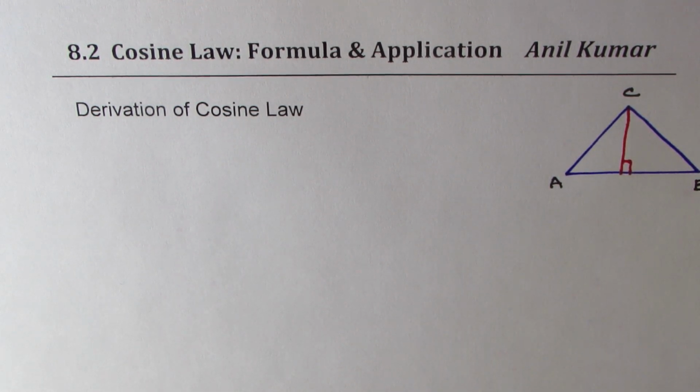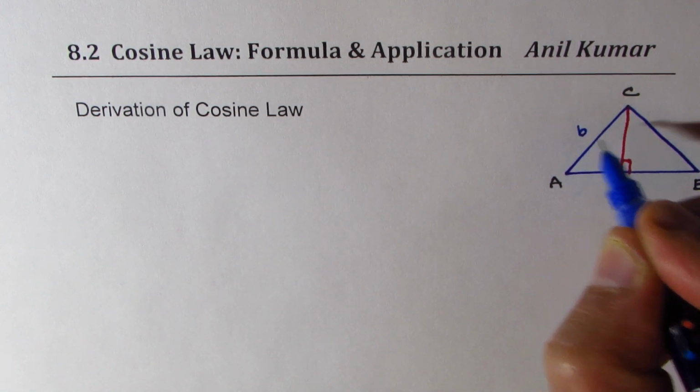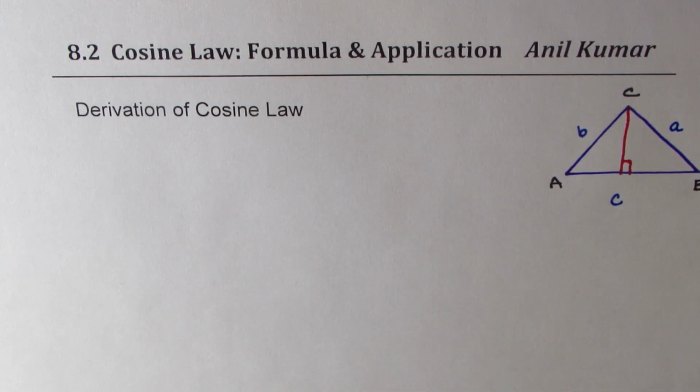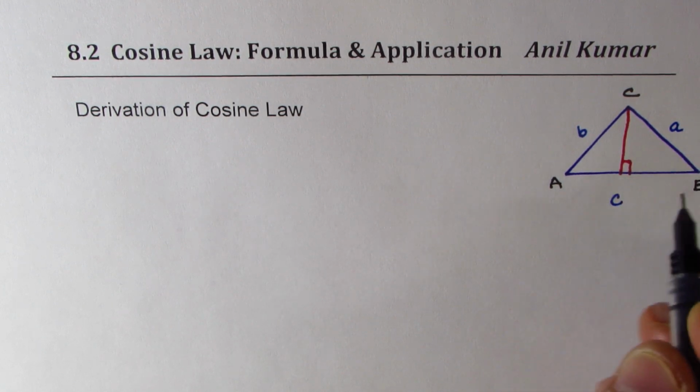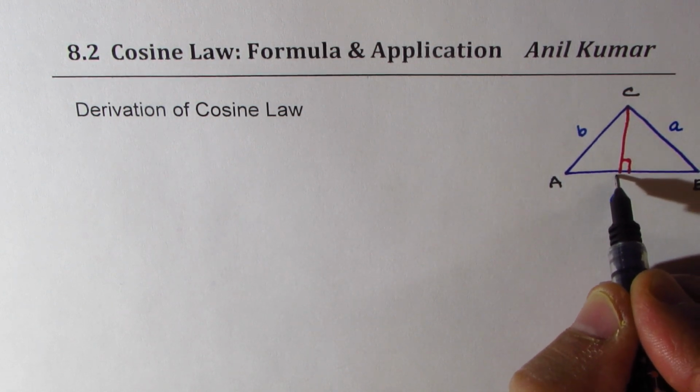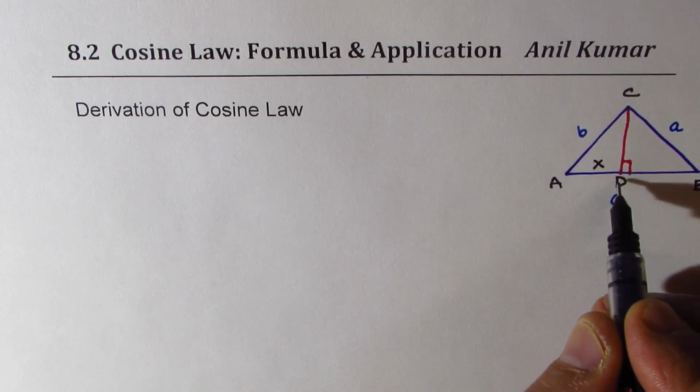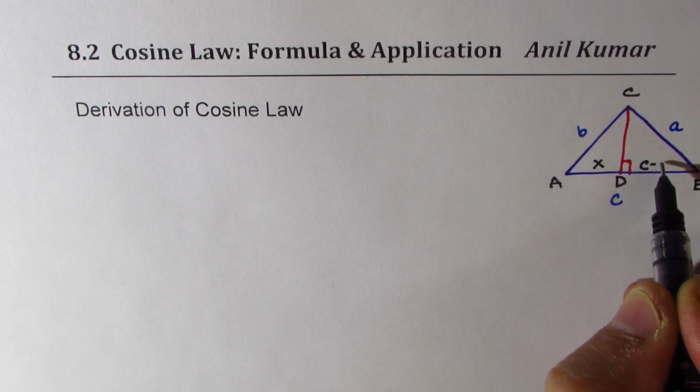Now let the sides be, in general, a, b and c. Let us take the point where the altitude meets AB, let's say it is D. A to D be x. In that case, D to B will be c minus x, correct?